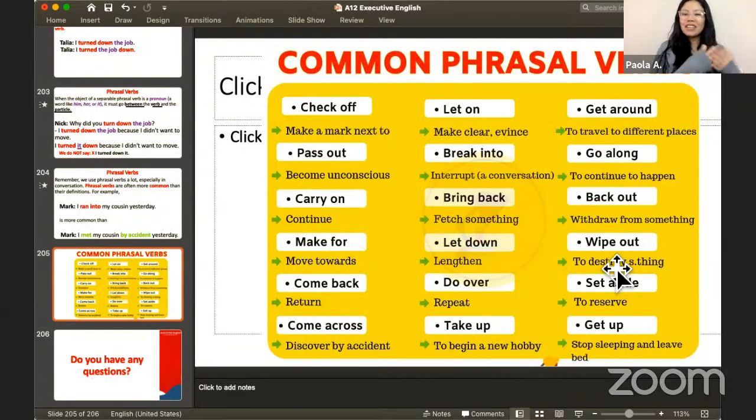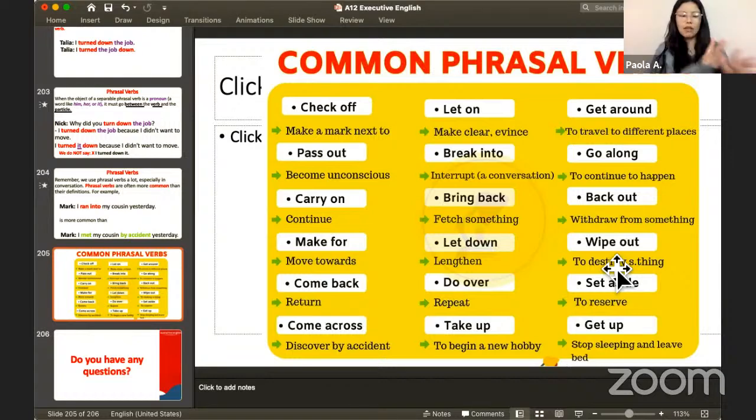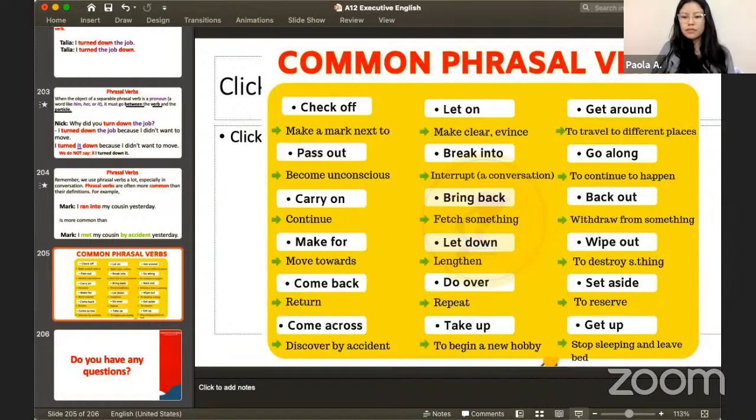I don't know how to say. Como retroceder, no, back out of something. Withdraw. Withdraw is the same, like to put some distance between you and something. Okay. Any other questions related with this?